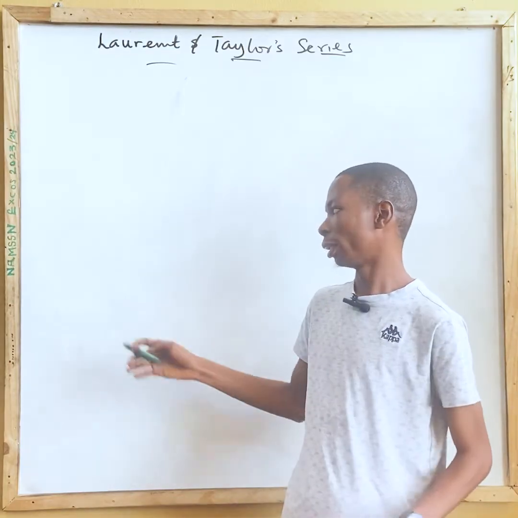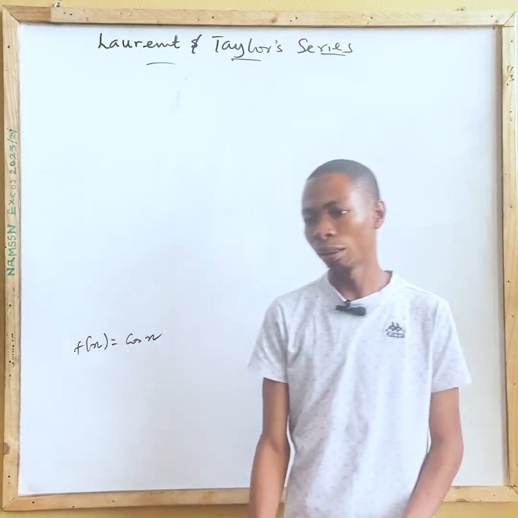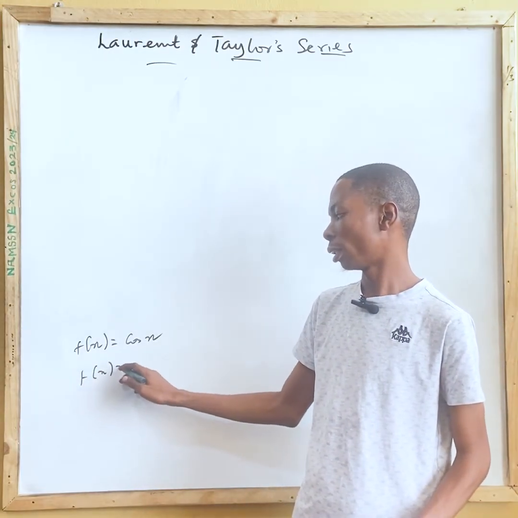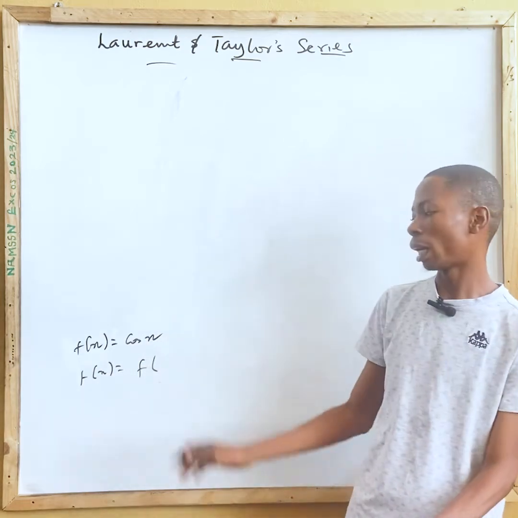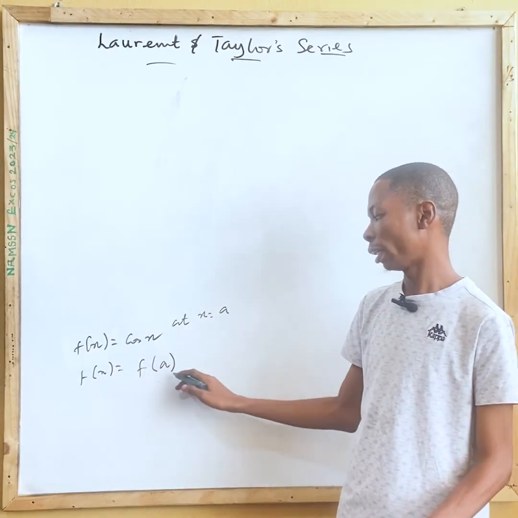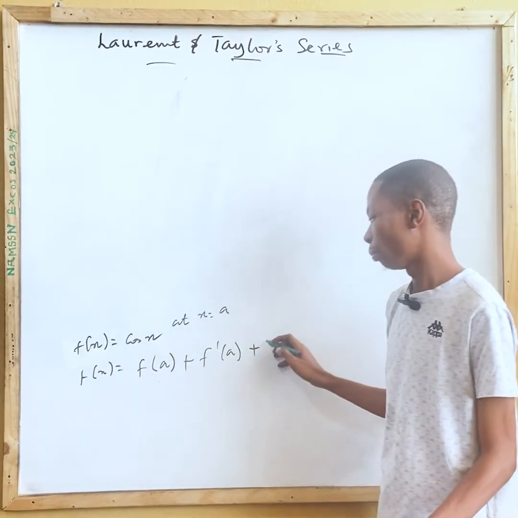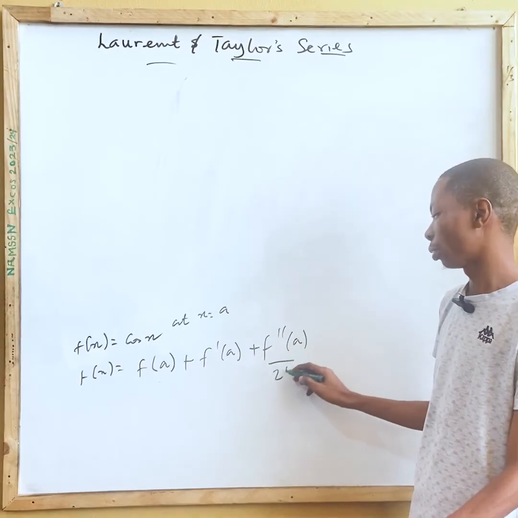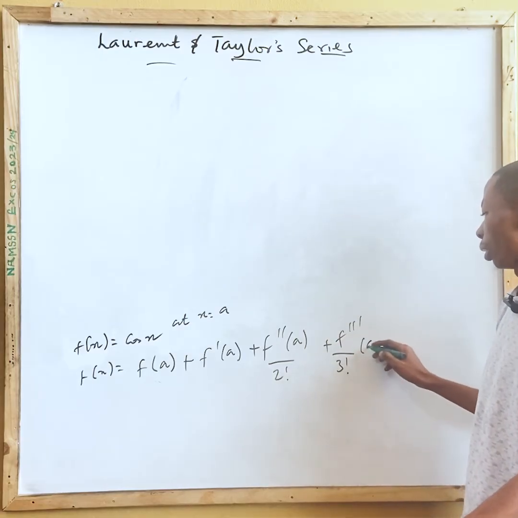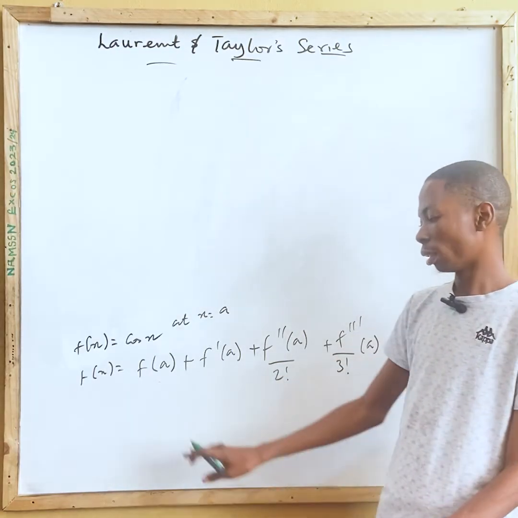Anytime we are given a function, let's say f of x equals cos x, and we are asked to expand this function using Taylor series, we know that if I want to expand f of x at x equals a, for example, I would say f of x equals f of a plus the first derivative of this function at a, f prime of a, plus f double prime of a divided by 2 factorial, plus f triple prime of a divided by 3 factorial, and so on like that. So we are familiar with this expansion.